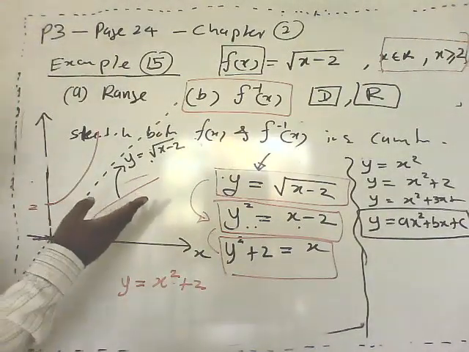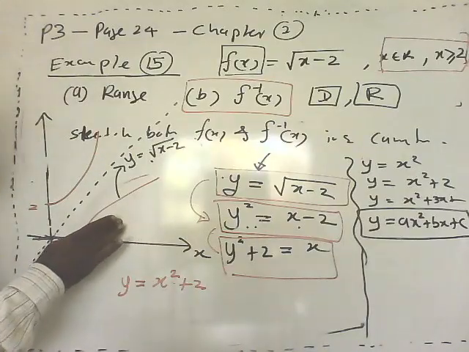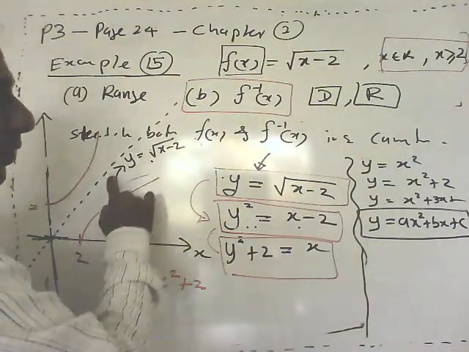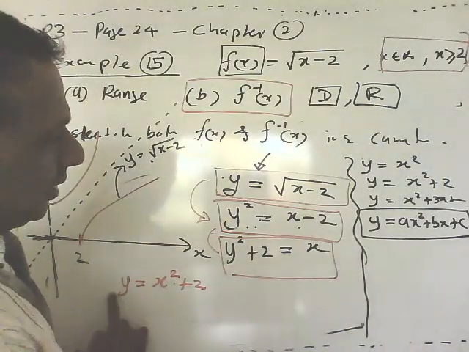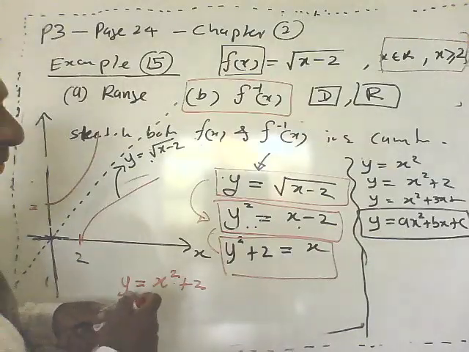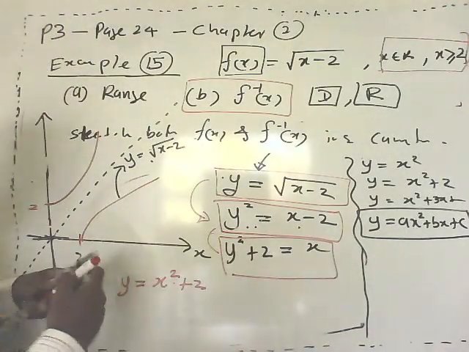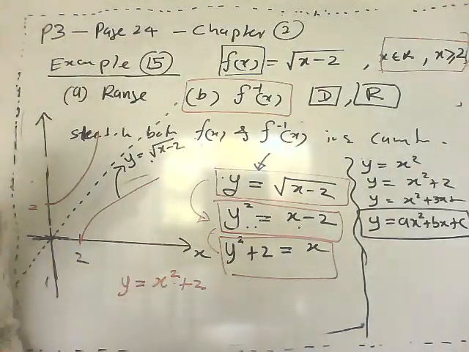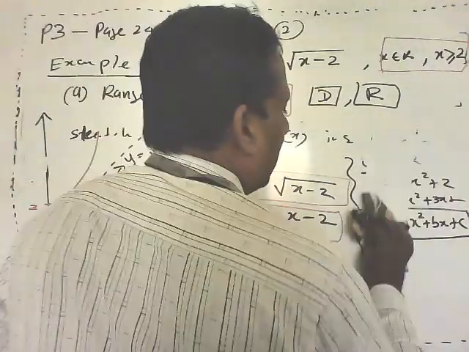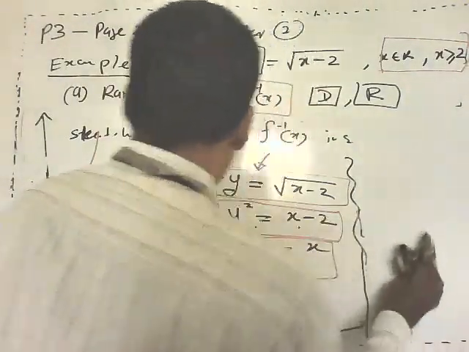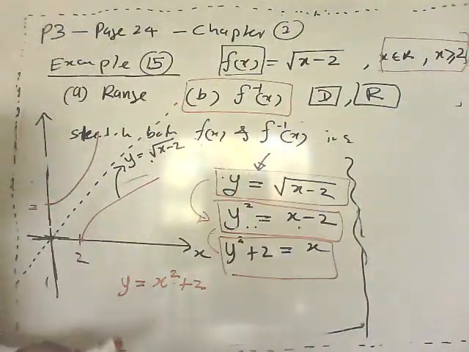So when we take the reflection also, if you swap it, we will do it here. Here I will erase this part and I will show how we are going to get the equation of the inverse.